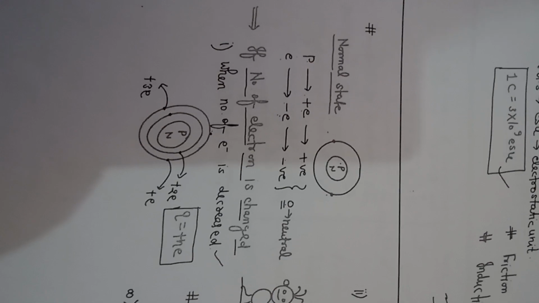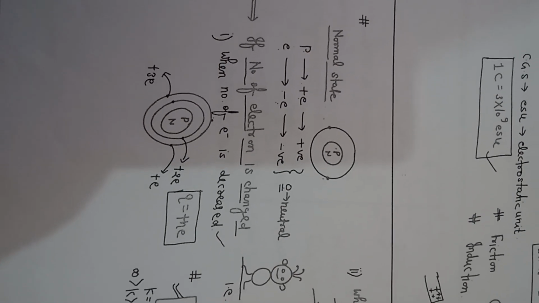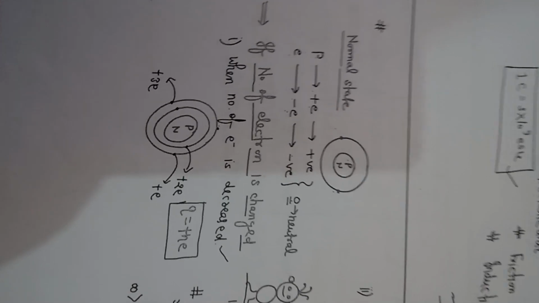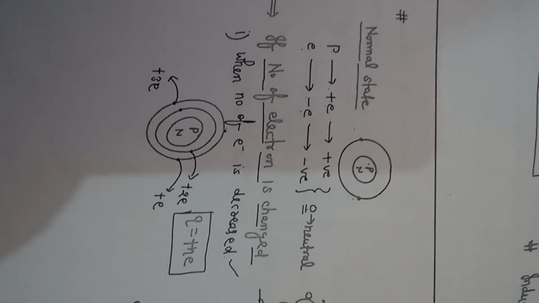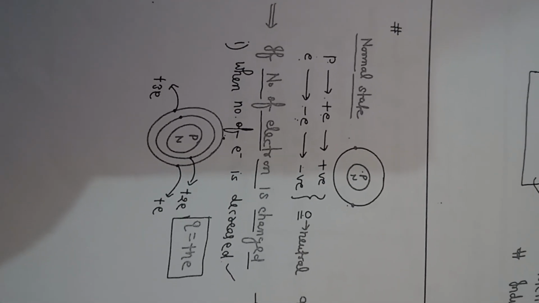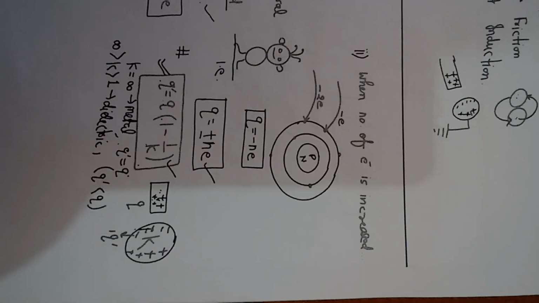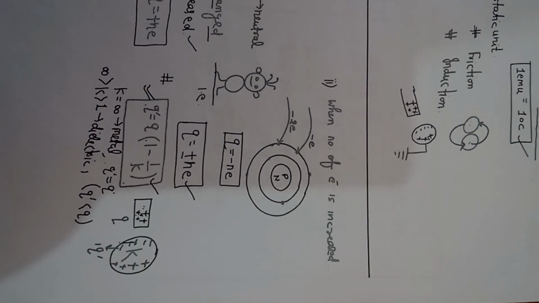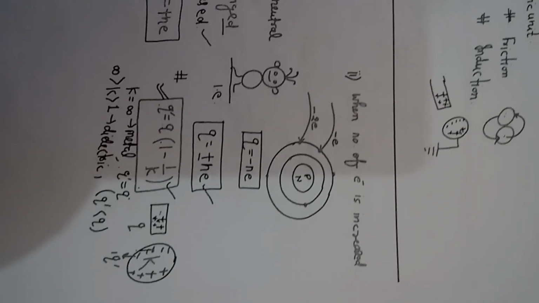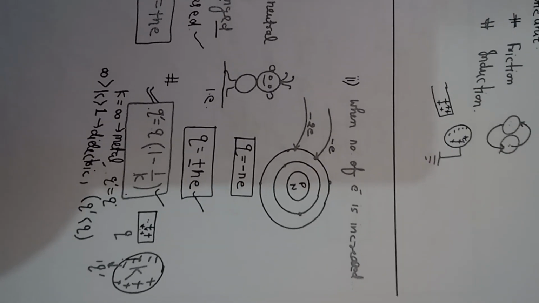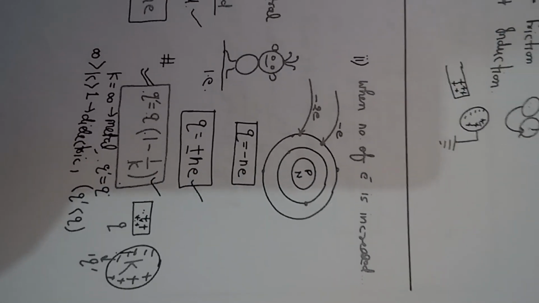When the number of electrons is decreased, then we use q is equal to plus Ne. So in this figure you can see that electrons are being removed from the orbit. And now we are moving on to the second. When the number of electrons is increased, electrons jump into the orbit of the atom.